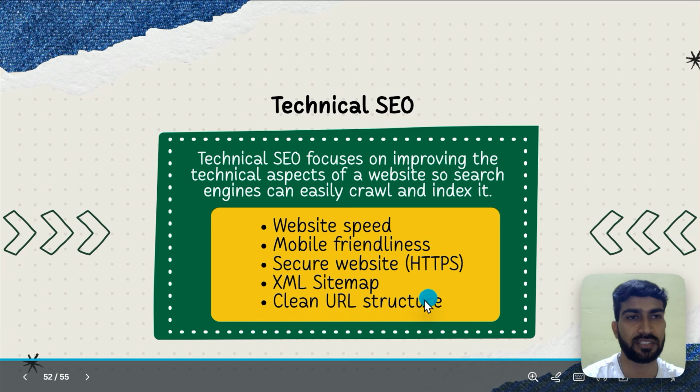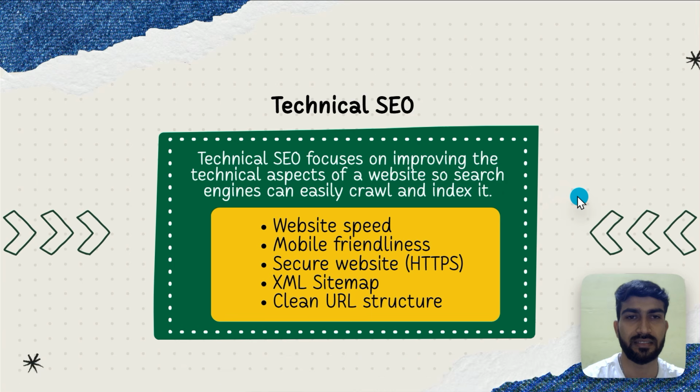Then the URL structure should be clean. For example, ayurvedicvedas.com is a very simple domain, right? It is a very simple structure. If you are using a lengthy URL, it is not good practice for SEO.